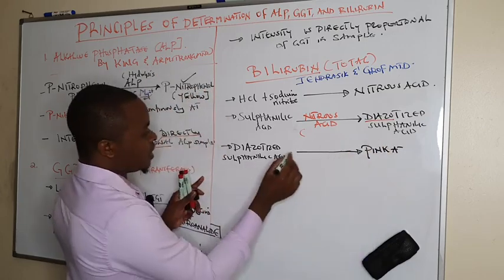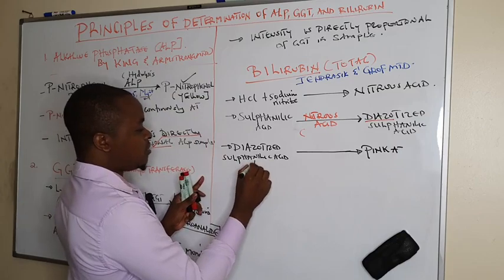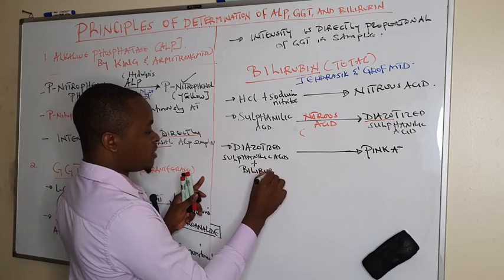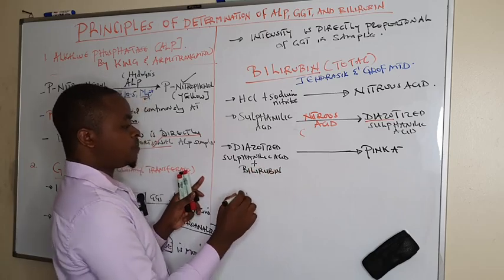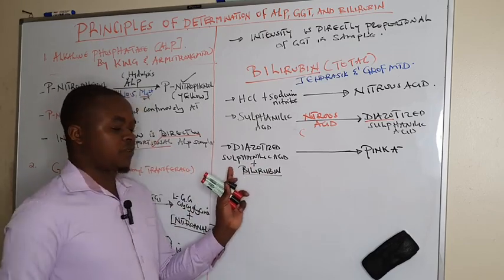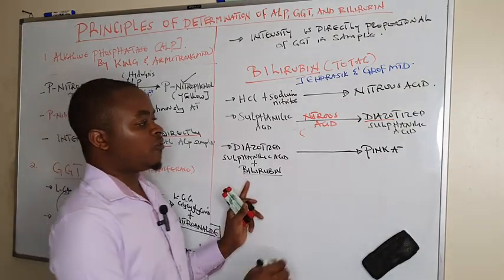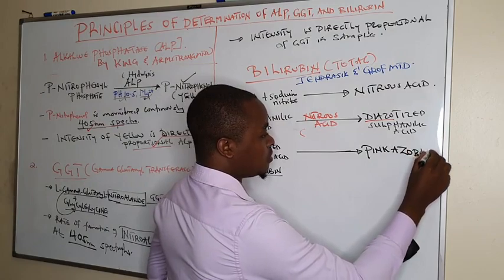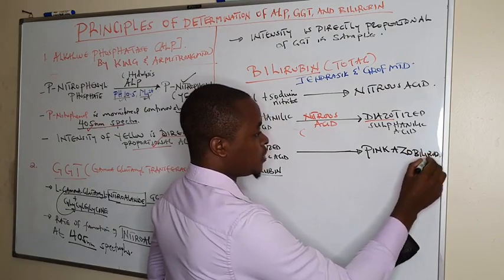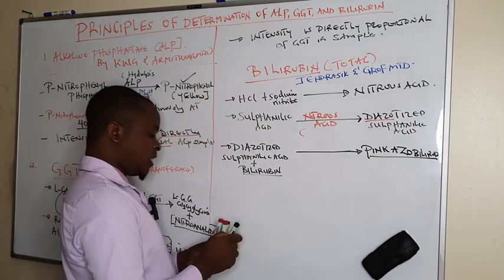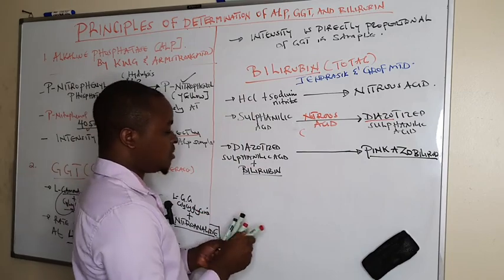So this diazotized sulfanilic acid is the one that reacts with bilirubin in the sample. If there is bilirubin in the blood sample, this bilirubin reacts with a diazo reagent known as diazotized sulfanilic acid to form pink azobilirubin. So this is the pink azobilirubin which is formed, and this reaction is accelerated by caffeine benzoate.